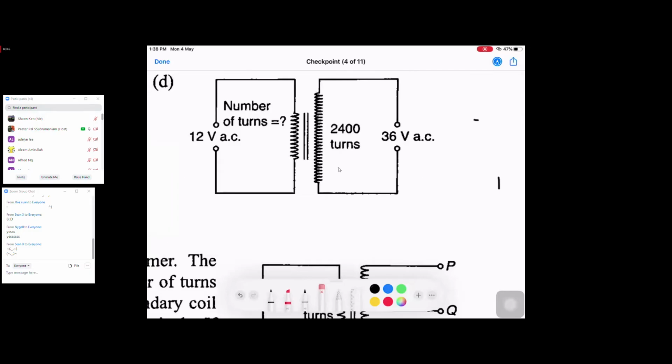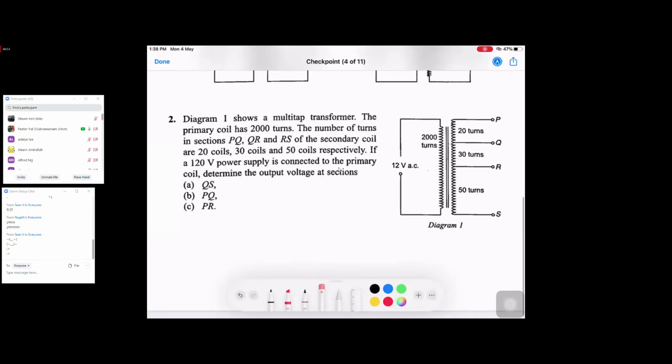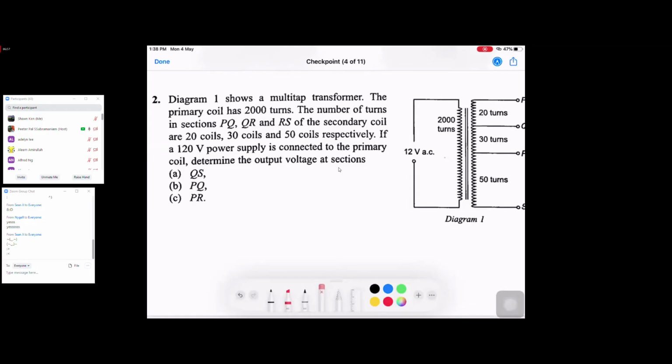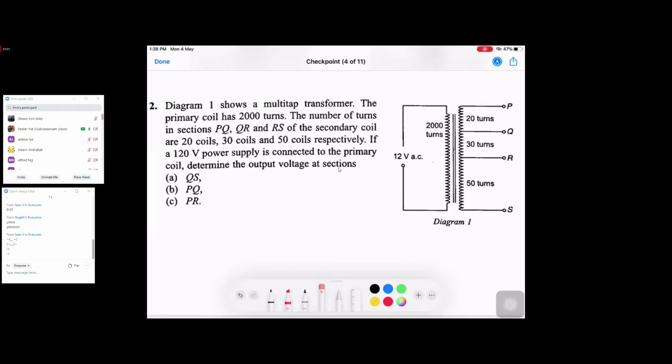Okay, next question. Diagram 1 shows a multi-tap transformer. The primary coil has 2,000 turns. The number of turns in sections PQ, QR, RS of the secondary coil are 20, 30, 50.